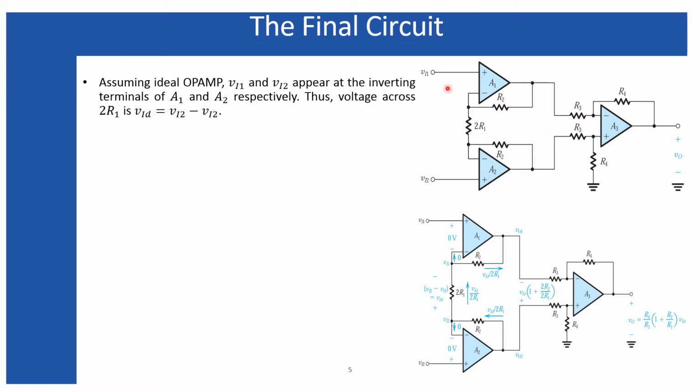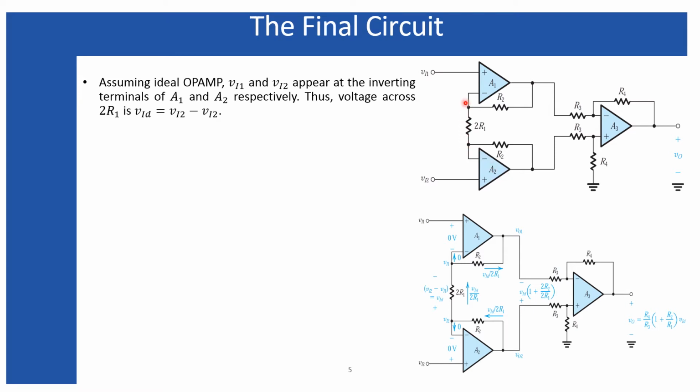And we know that for an operational amplifier having infinite open loop gain, the potential applied at its non-inverting terminal is reflected at its inverting terminal. So Vi1 will be available at the inverting terminal. Similarly, Vi2 also will be available at the inverting terminal of the operational amplifier having open loop gain A2.